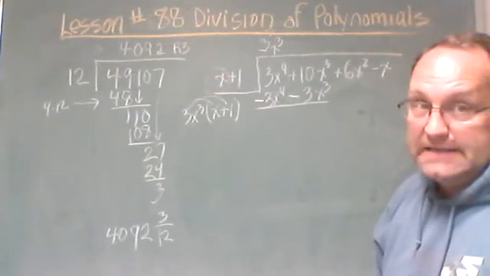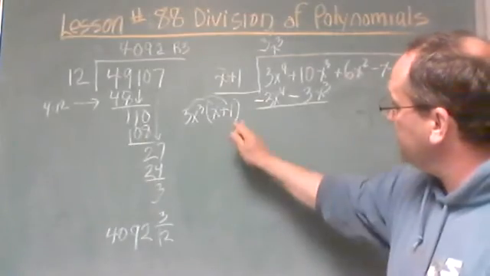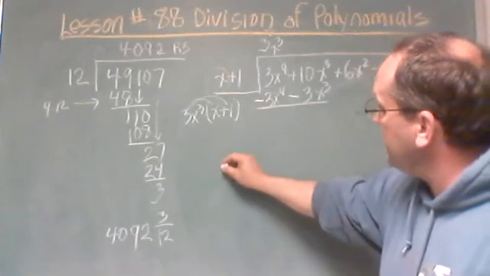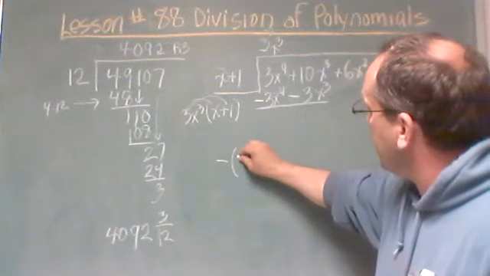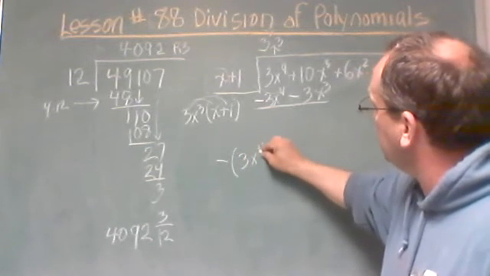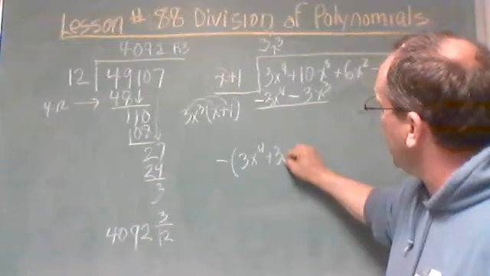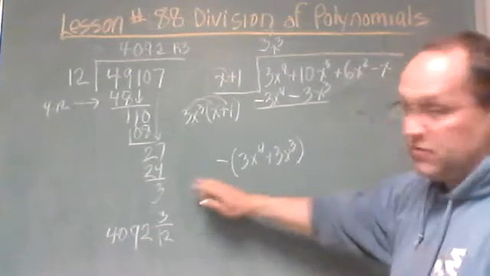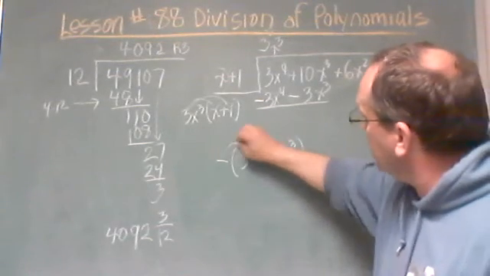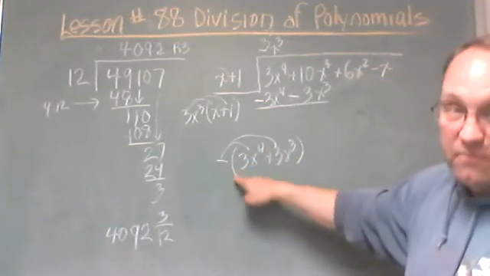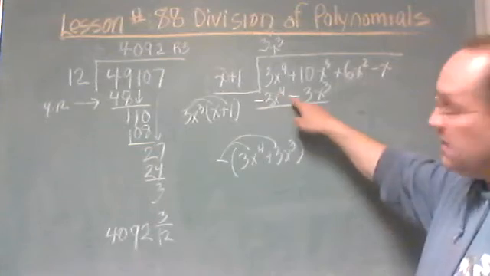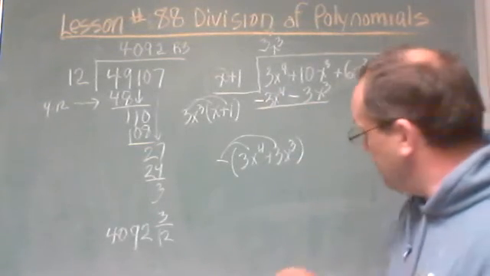I'm subtracting the whole expression. If I subtract the whole expression that I had, 3x to the 4th plus 3x to the 3rd, I must multiply that negative sign out. It changes the sign of both of those. That's what I've done here. I've changed the sign of both of them.